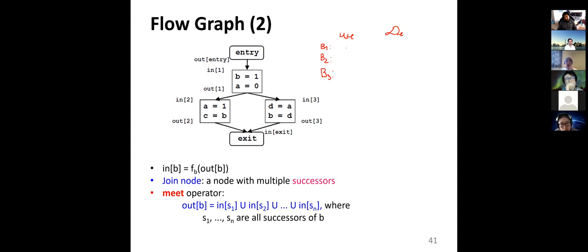Do we have any locally exposed uses in B1? Yeah, so Edgar said no, and that's correct. So it's an empty set here. How about definitions? Def set. Anything this thing kind of kills because it redefines it, right? It's def. Does it have any definitions? Any variable it kills?